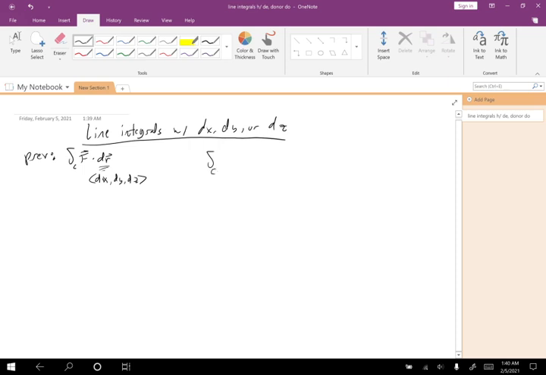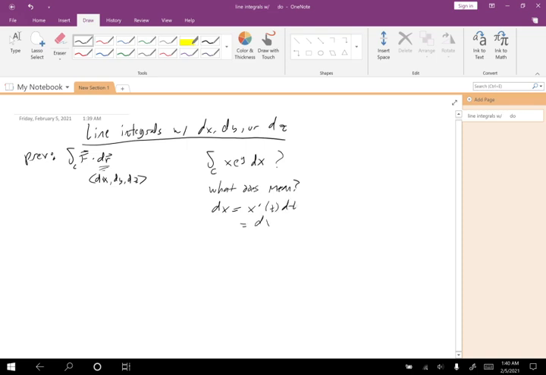So let's say the integral over C, for example, of x e to the y dx, where C is now given by some curve. What does this mean? Well, it actually just means dx is just x prime of t dt.